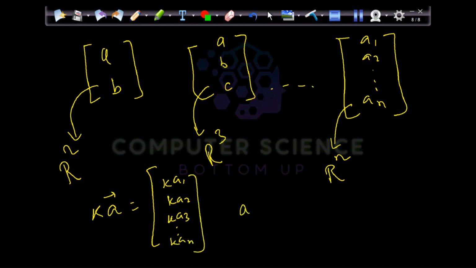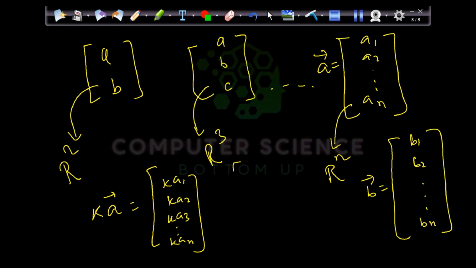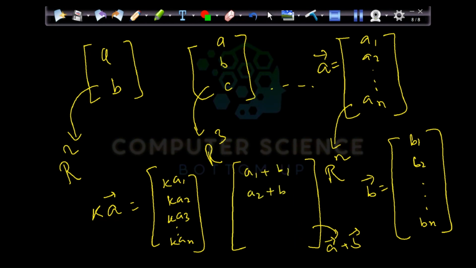Similarly, if this is your a vector and b vector is equal to b1, b2, and so on up to bn, then a vector plus b vector will be a1 plus b1, a2 plus b2, and so on up to an plus bn. Means that vector addition is simply the addition of corresponding coordinates, and a scalar multiple of a vector is simply multiplying each coordinate by the scalar.